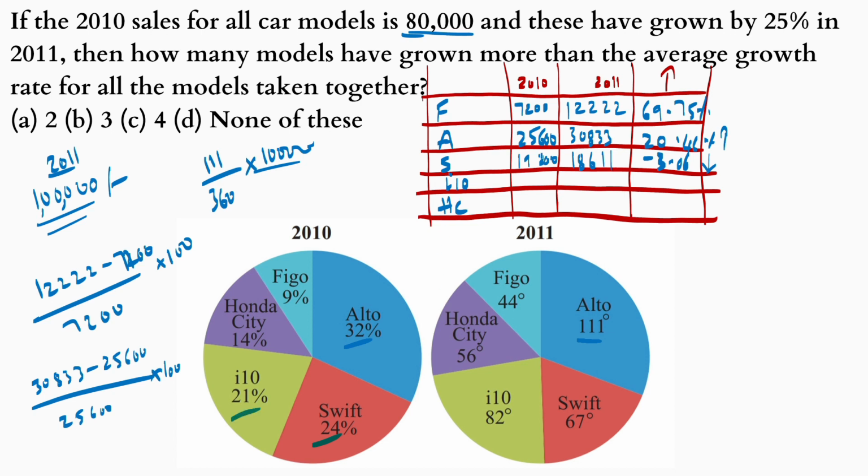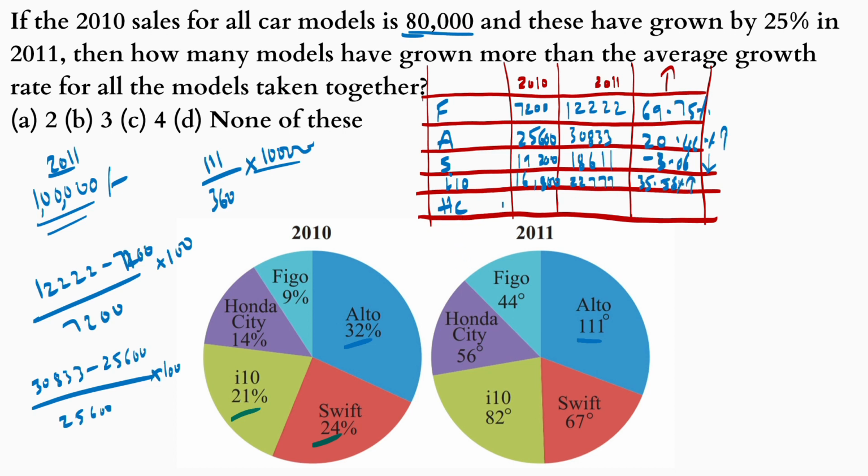What about I-10? 21% of 80,000 is 16,800, and 82 degrees of 1 lakh is 22,777, and there is a positive growth, which is 35.58 percentage increase.